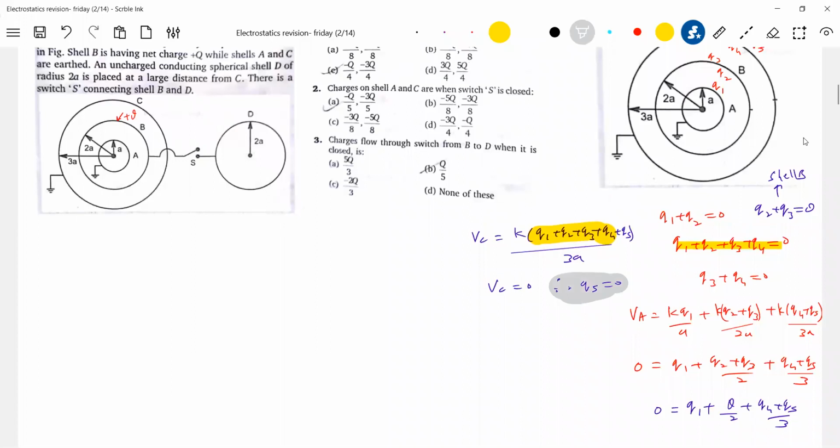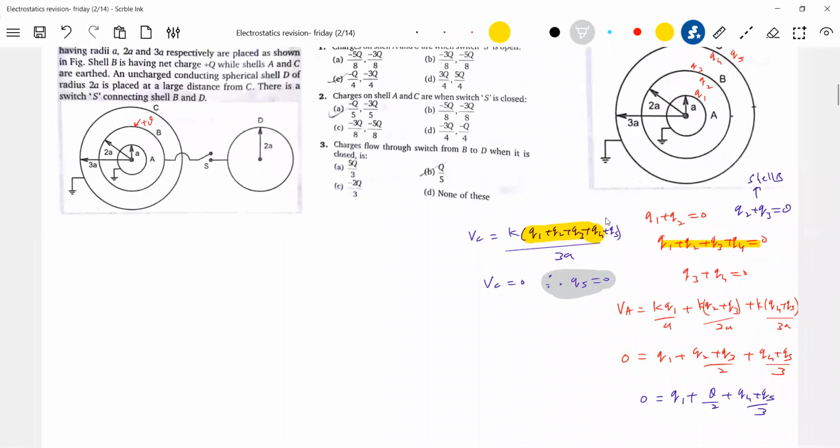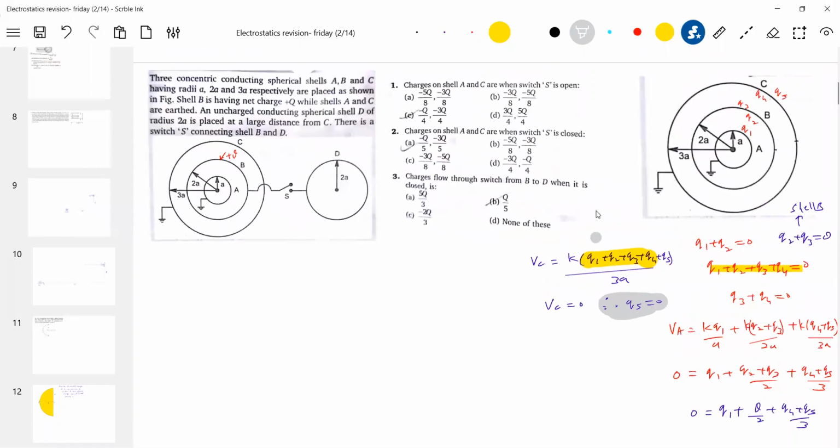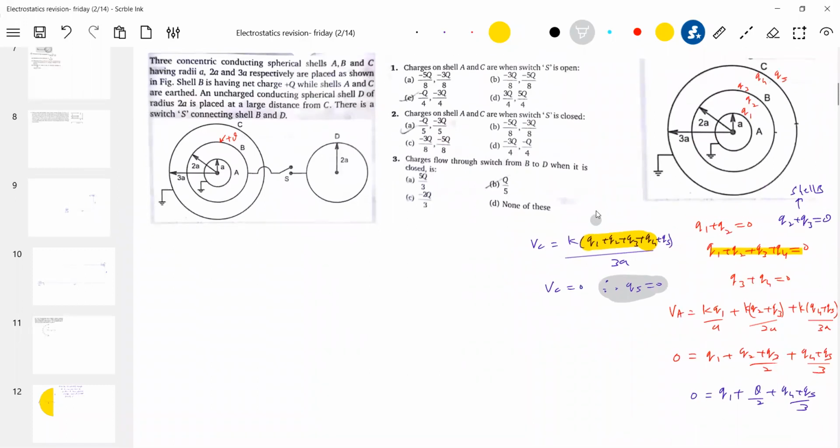Q5, we got it. Yeah, completely you are able to see. After solving, we'll get the given options, Sandesh. Charge on shell A and C.